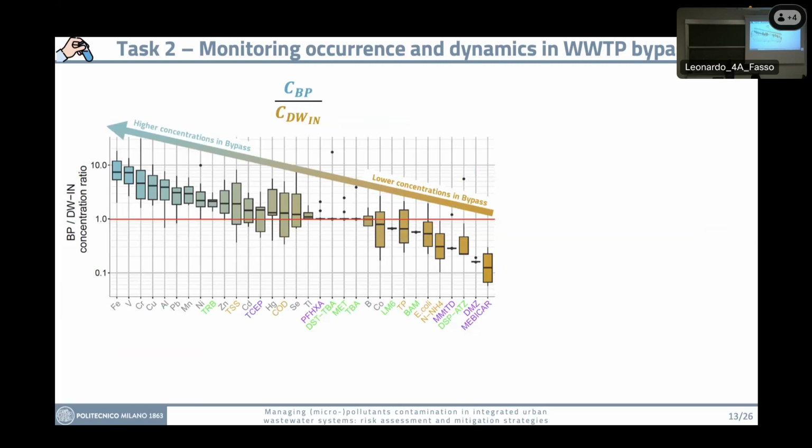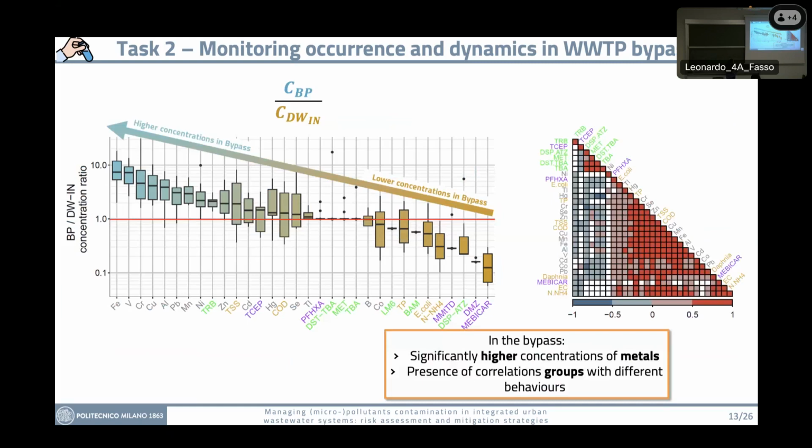So we can say that we see a kind of behavior based on different groups that are found in the water, and we tried to carry out a correlation analysis since we found these different behaviors.